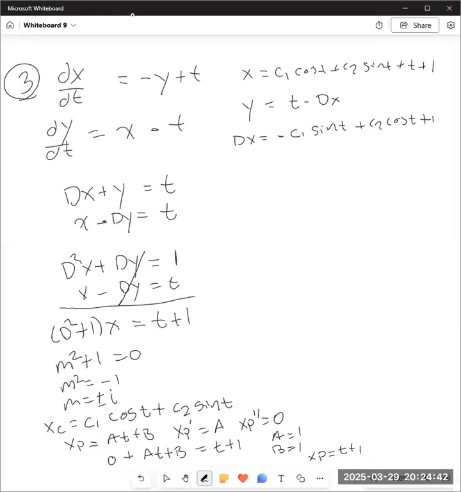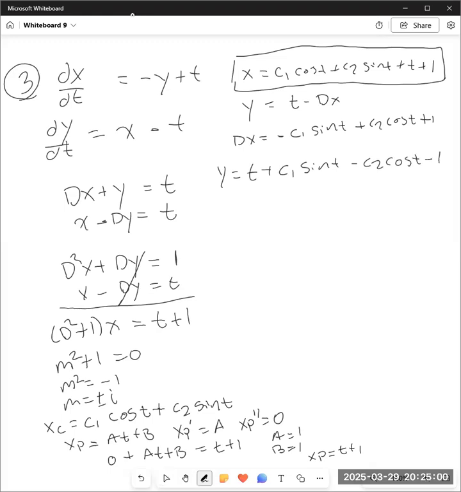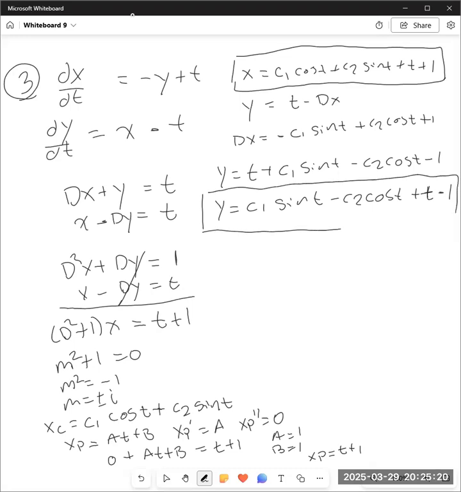So y equals t minus all this, so that's plus c1 sine t minus c2 cosine t minus 1. So y equals c1 sine t minus c2 cosine t plus t minus 1. And there that is.